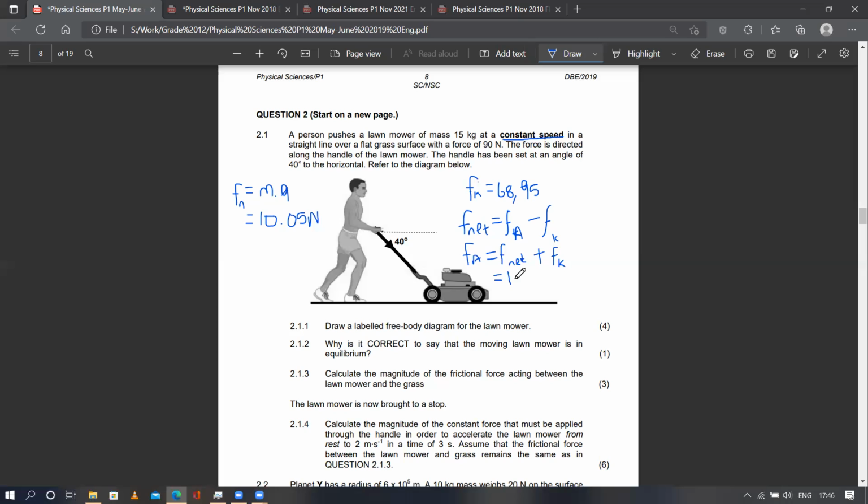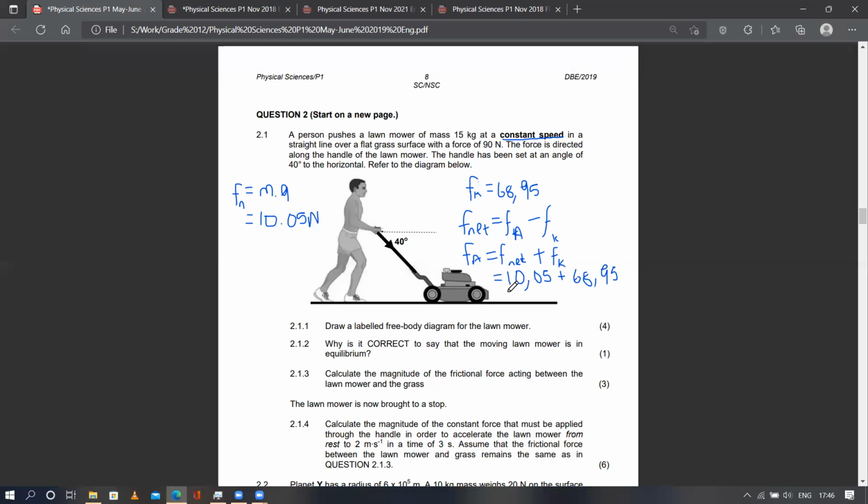You're going to get your 10.05 and add it to your 68.95. 10.05 plus 68.95, you're going to get 79 newtons.